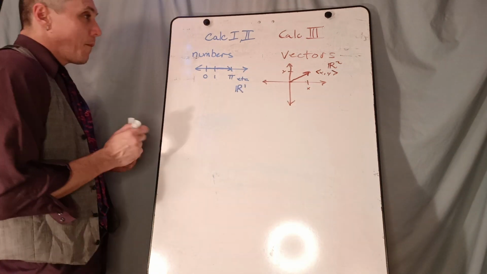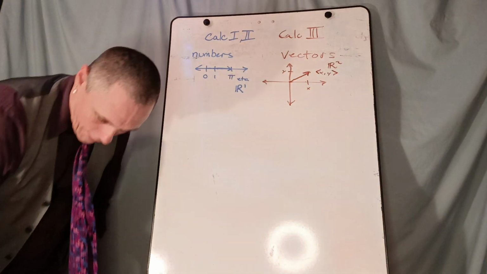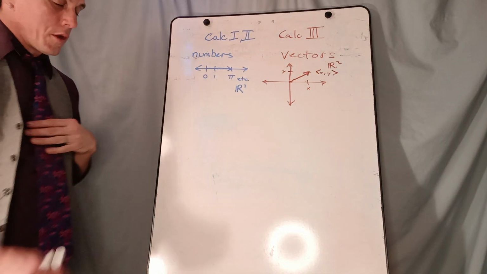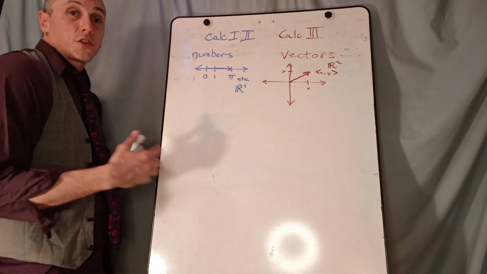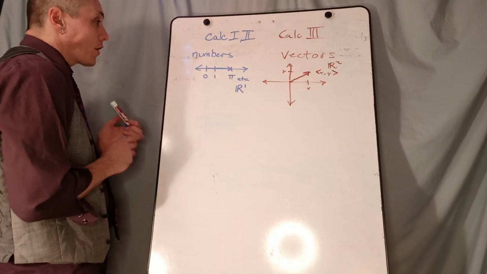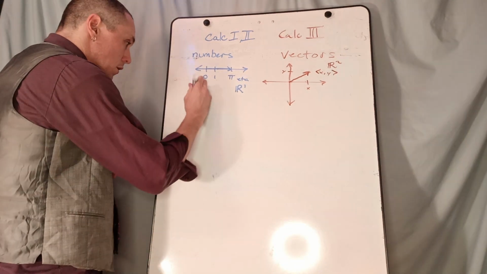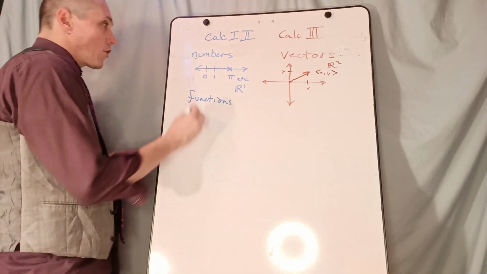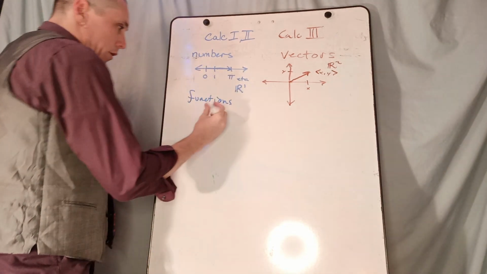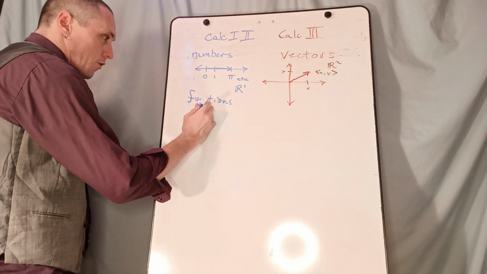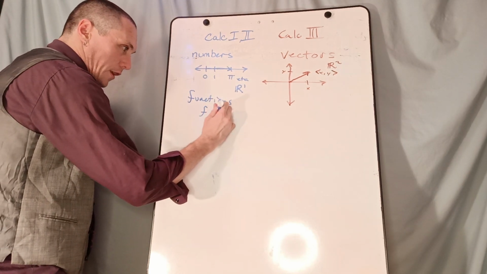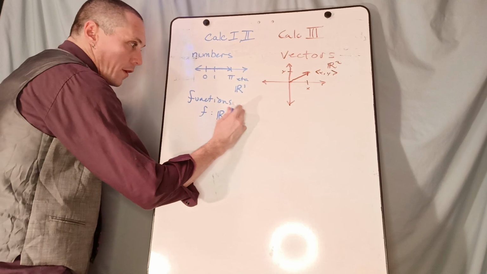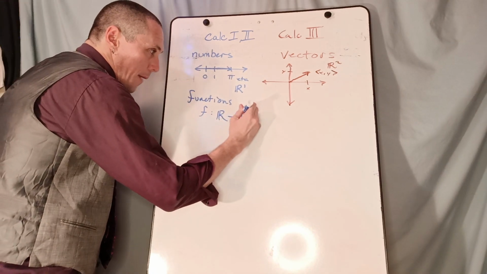For right now, the next thing that we would want to extend are functions. So we talked about functions of a real number. So let's say functions which take in a real number and give you a real number back, right?